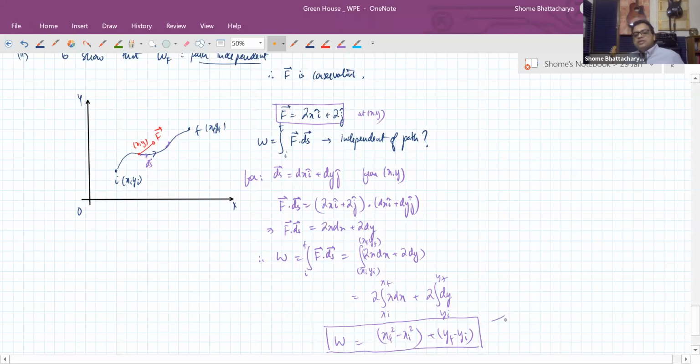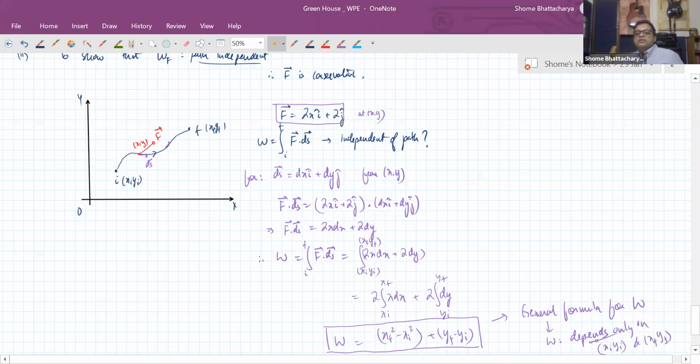Okay, so in this general formula, we can see that the work done depends only on these coordinates.